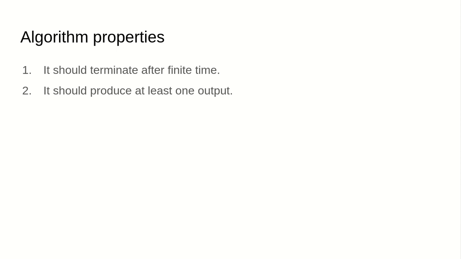If you know it's not producing any answer, then why would we go ahead and do that work? In the same way, if an algorithm is not producing anything, then why would we write that algorithm? Now, it should take 0 or more inputs.